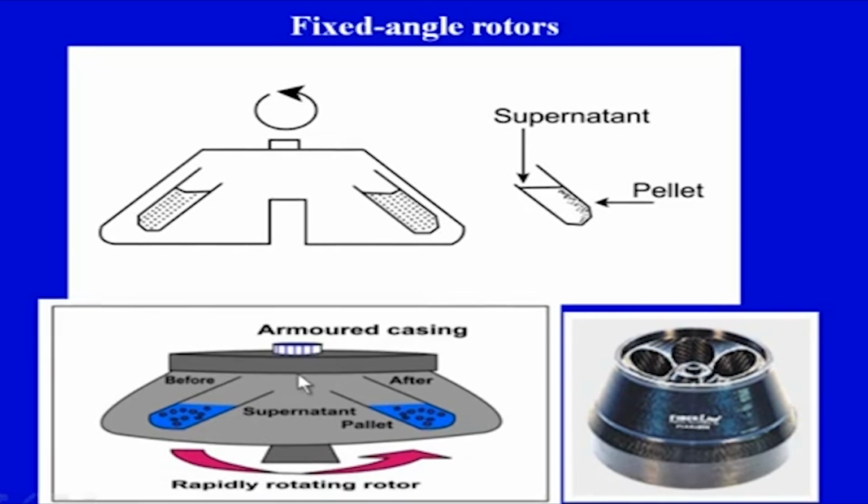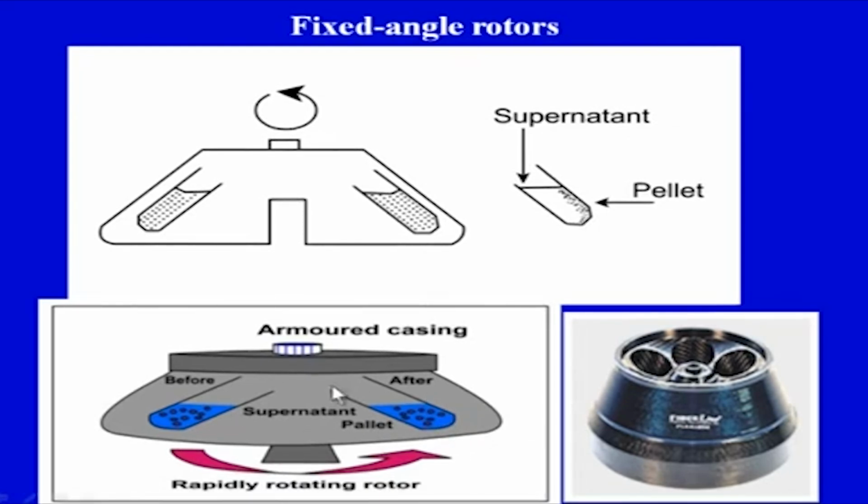There is another representation here where you can see the rotor and 2 tubes put in here. This can carry more tubes as per the rotor capacity and the volume each tube carries. You can see that the material is spread in here, and when pelleting occurs, it will pellet on the outer side of the wall, on this wall here.